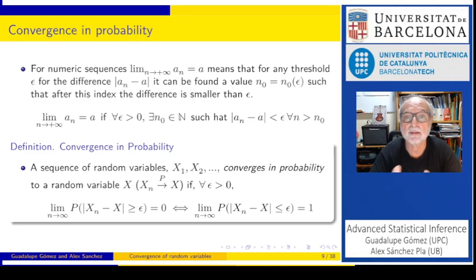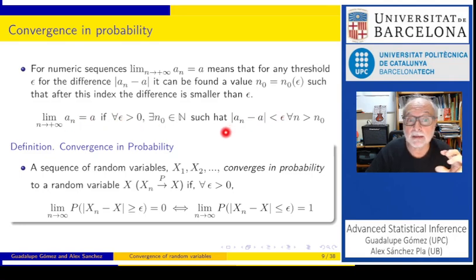We say that the sequence an has limit a when n tends to infinity if we are able, for each threshold epsilon that we want to imagine, to find a value such that after this value of n, the difference between the limit and the sequence is below epsilon. Okay, this is the definition.